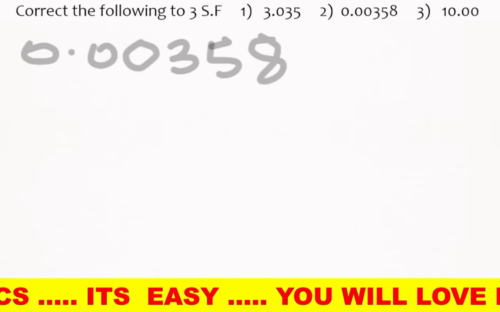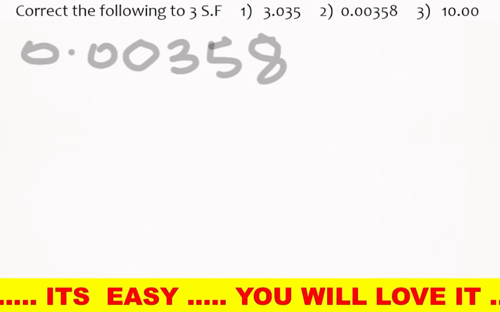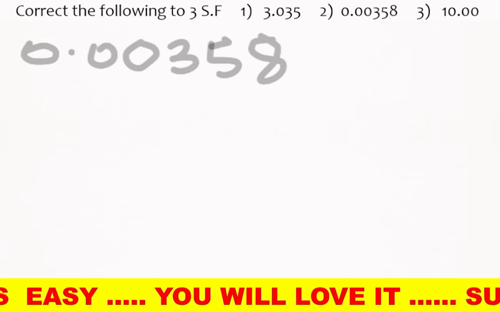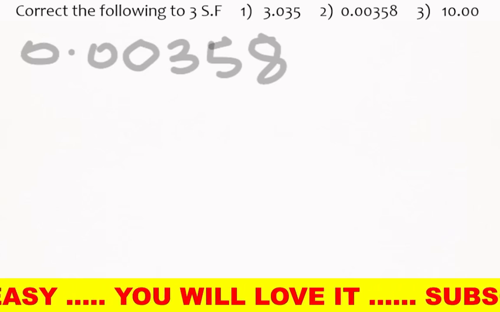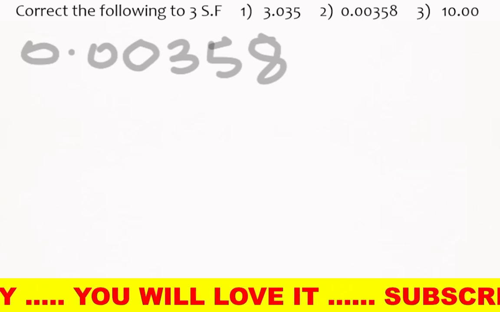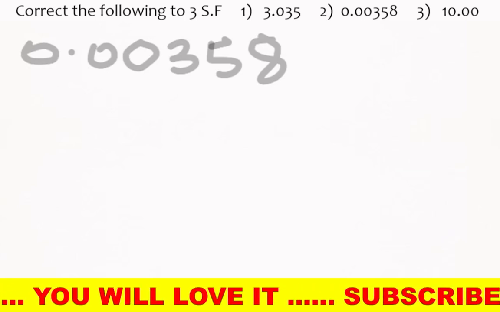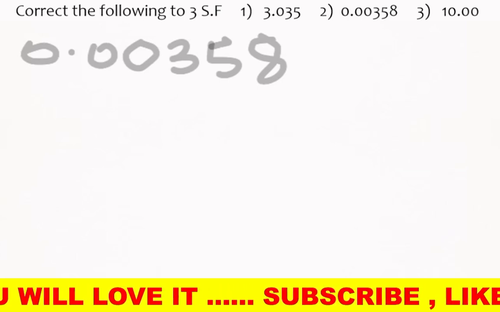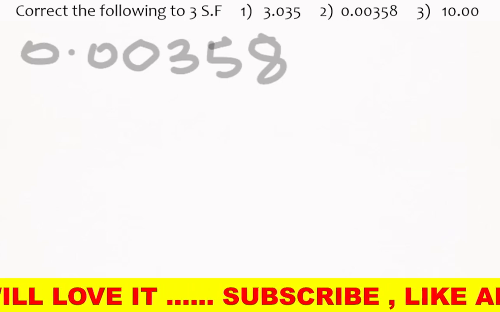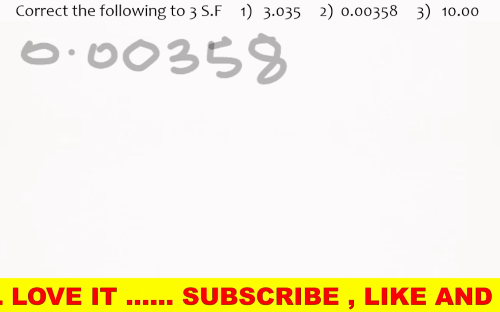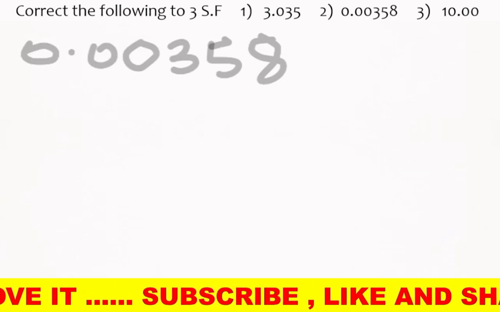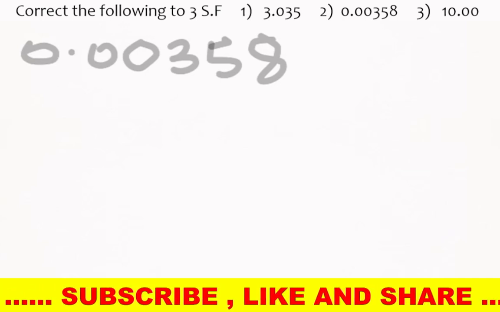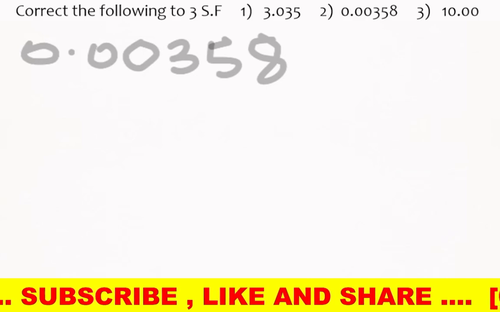So before you do that, make sure you identify the significant figures that are present. So what do we do now? How can we identify the significant figures? You have to go to the rules. Alright, stay tuned for our solution.